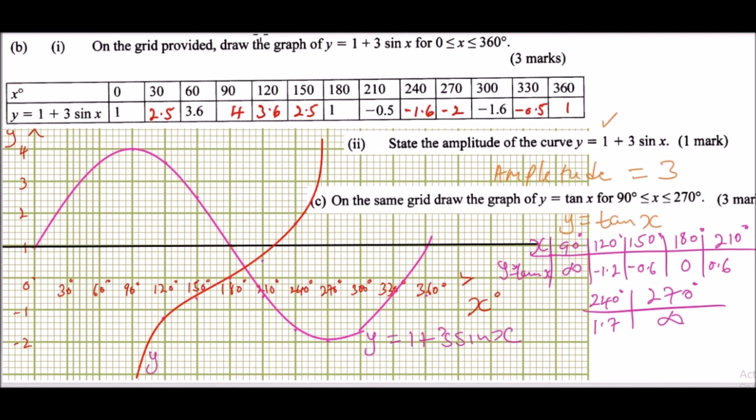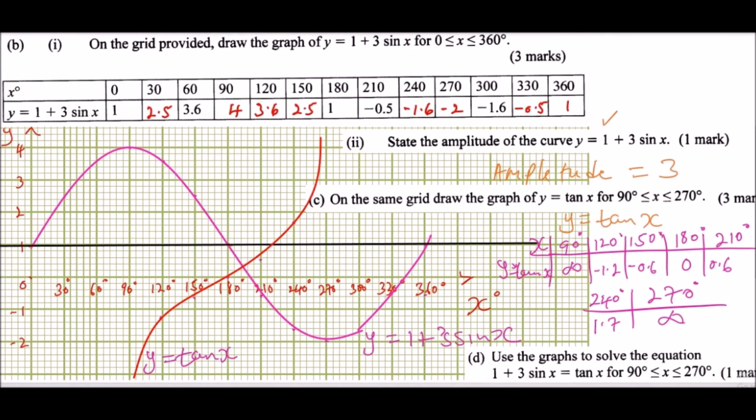So let's have a look at the next part that we are supposed to answer. Part D here, we have: use a graph to solve the equation 1 plus 3 sine x is equals to tan x for 90 degrees less than x less than 270.